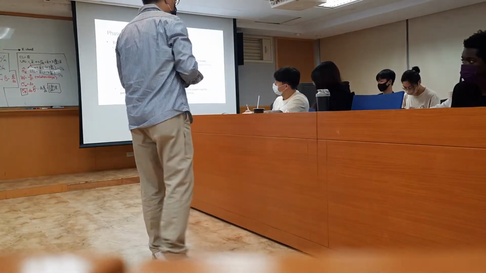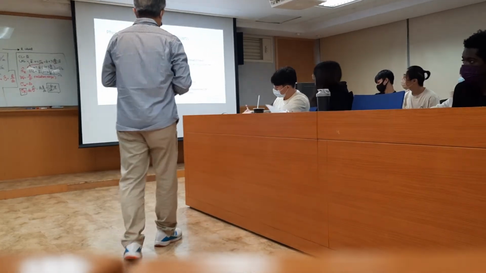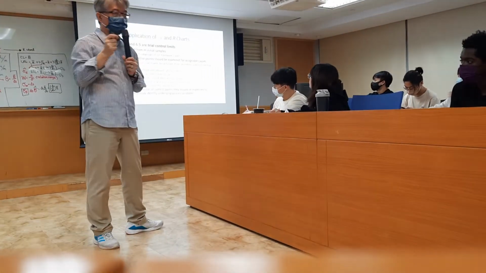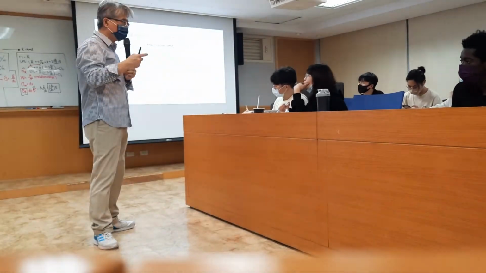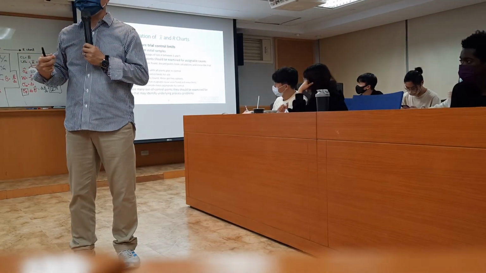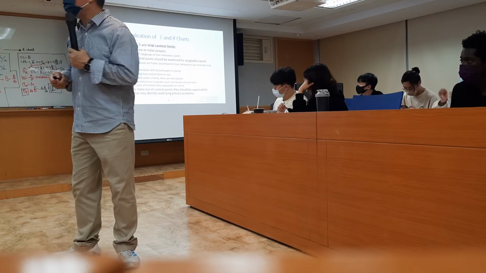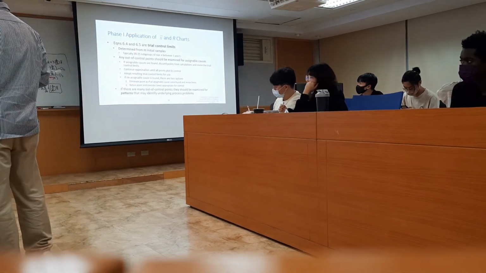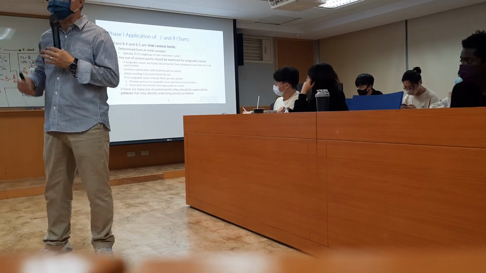So if assignable causes are identified, those points will be discarded, and we recalculate the upper control limit and lower control limit. Then continue examination until all the points are in control. Then we stop.